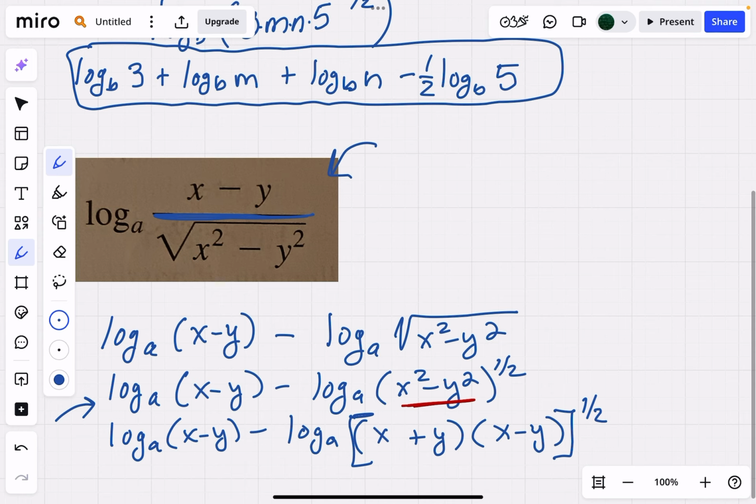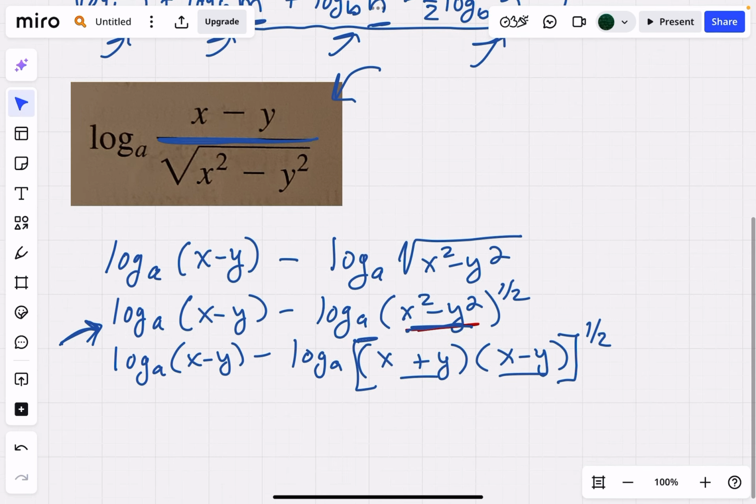And then this is why I'm saying don't leave it at that step. This is technically equivalent, yes. However, it's not prime, and you can argue that it's incomplete, and that we want each of the logs, like if you look up here at the other example, these are all prime. Like this is just a 5. This is just an n, an m, a 3. There's no factors inside them. But over here, this did have factors. It was able to be factored out to x plus y times x minus y. So we're breaking it up.